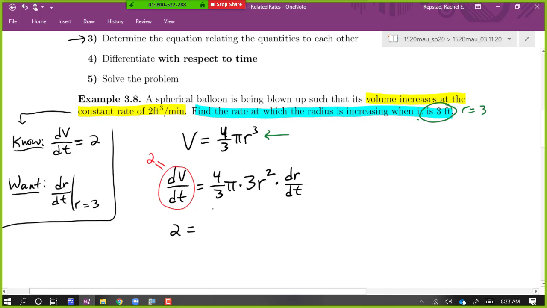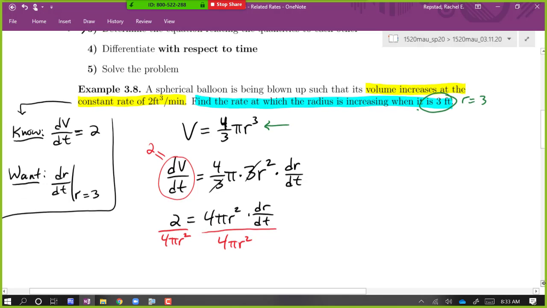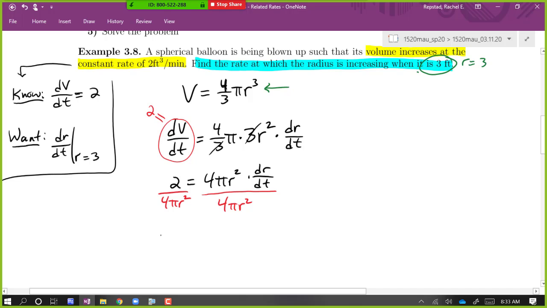So cleaning this up a little bit, those 3's cancel. So we have 4 pi r squared dr/dt. We can divide by 4 pi r squared. And we find that dr/dt is, after reducing, 1 over 2 pi r squared.